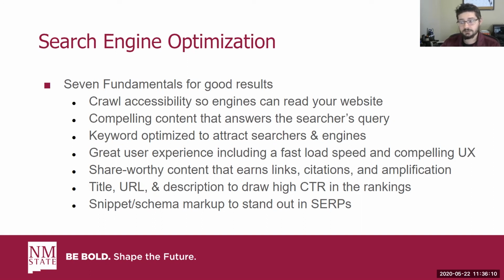Keyword optimized to attract searchers and engines. Great user experience, including a fast load speed and a good design. Share-worthy content that earns links and citations, so people can share your content and lead back to your website. The title, the actual domain name, and description to help draw higher click-through rates. And then the snippet or schema markups to stand out in search engine result pages, or SERPs.